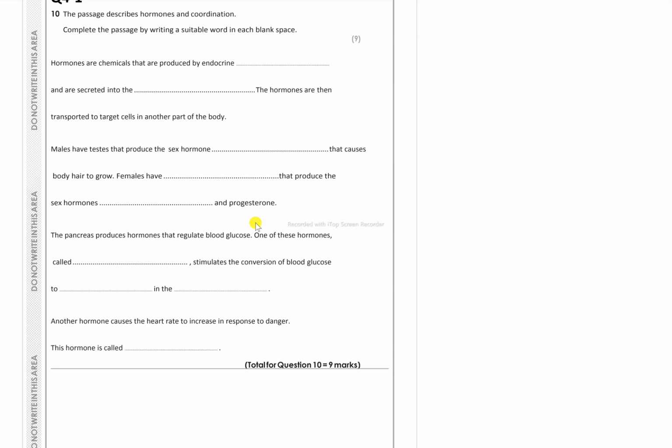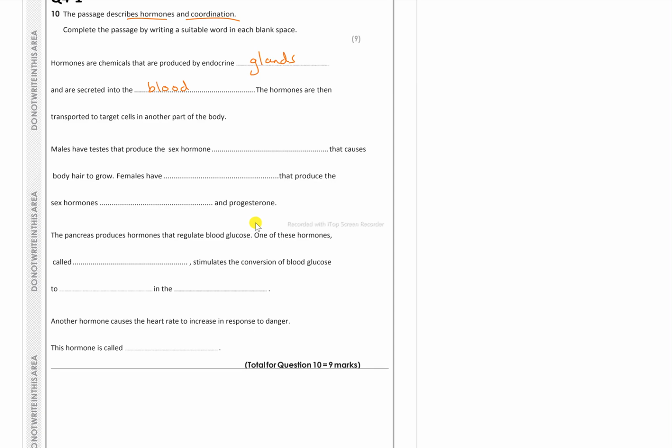Right, what we're going to do, see if we can get through this. Right, we need to describe and fill this in. Okay, hormones are chemicals that are produced by the endocrine glands, and are secreted into the blood or plasma, you can put.